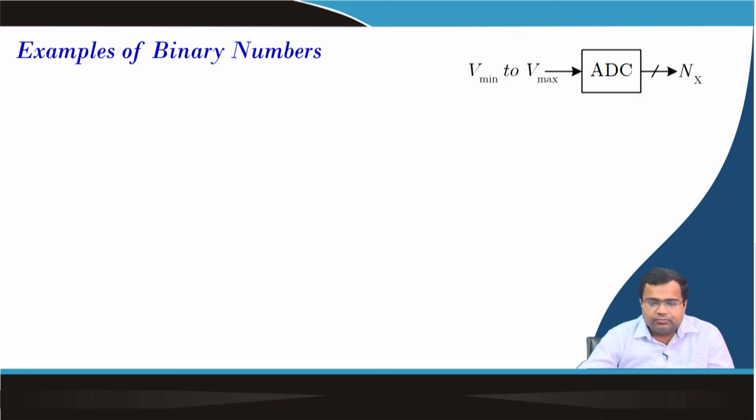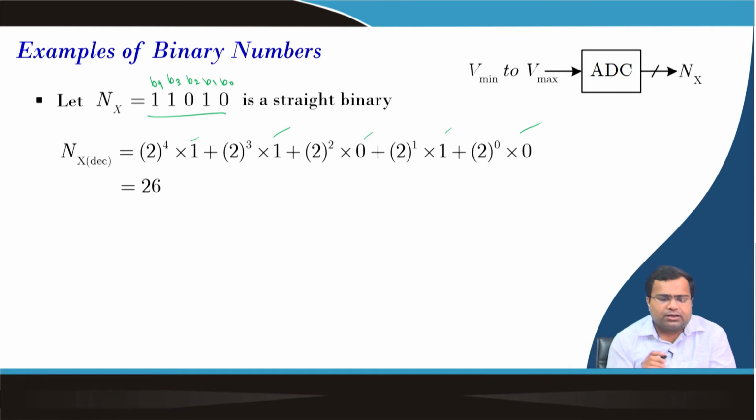Now, the next question. We have data which is, let us say, from a 5-bit ADC. Now, this 5-bit ADC is in the form of straight binary, as per the data sheet, let us assume.